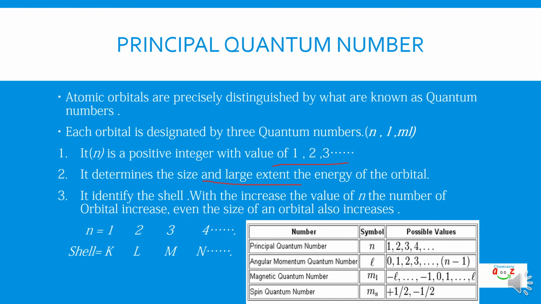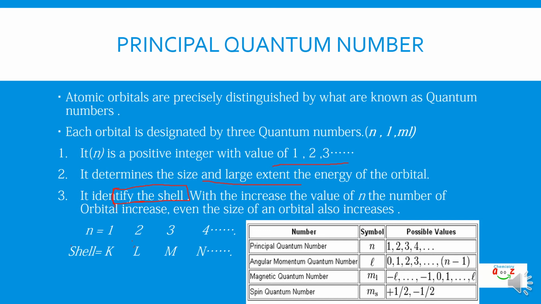Student, in this you can say that if the value of n is equal to 1, then it is in the K shell. That also we get, so here we are identifying the shell also. If the value of n is equal to 2, then it is in the L shell.